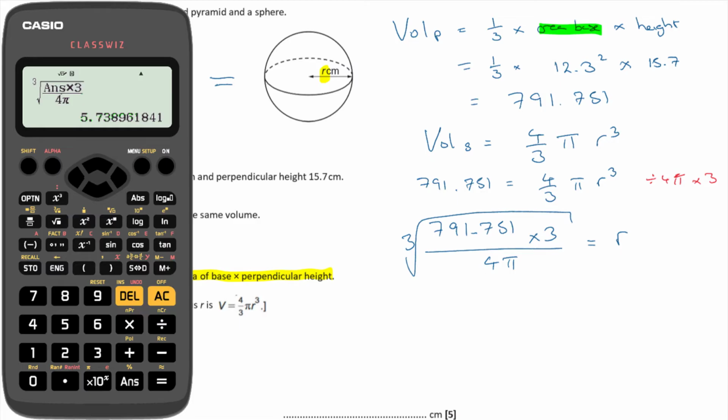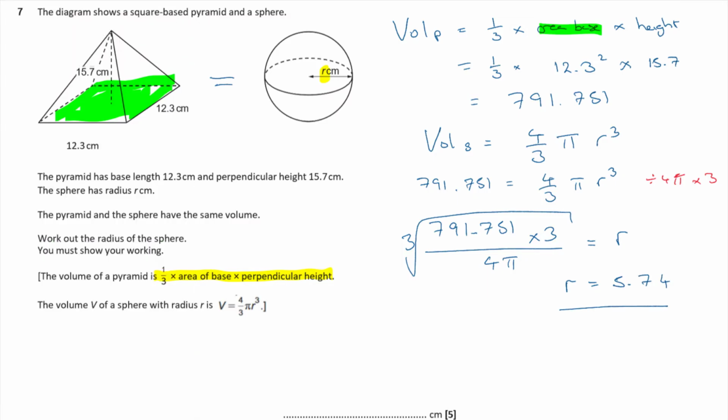What's that then? That's 5.7389. I'm going to just round it off to 3 significant figures. I'm going to say r equals 5.74, unit centimeters.